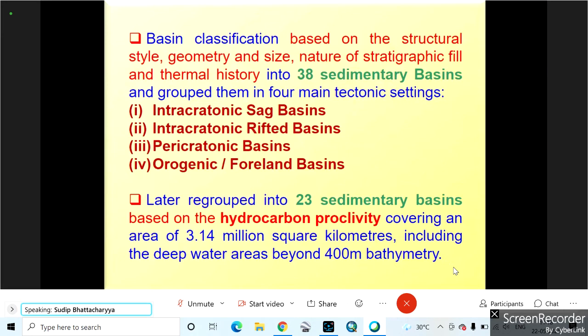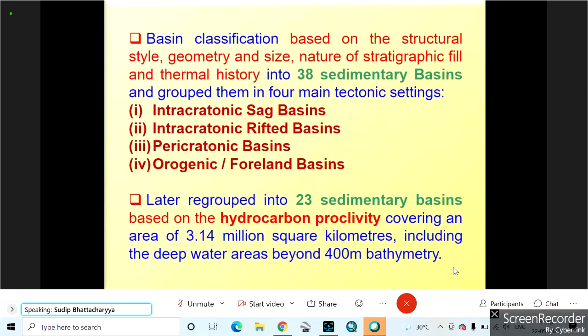Within these 38 sedimentary basins, as you have seen in the next point, 23 sedimentary basins are based on the hydrocarbon productivity, which is very much important. So hydrocarbon potentiality or proclivity we can find within the 23 sedimentary basins out of these 38 sedimentary basins. So can you get it that the other 15 sedimentary basins are not potential from the perspective of the hydrocarbon prospect.